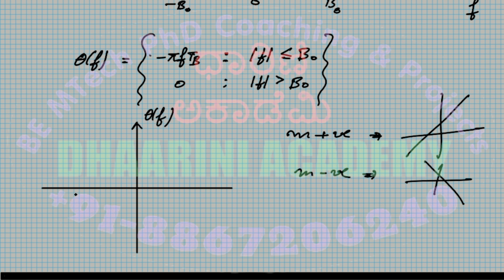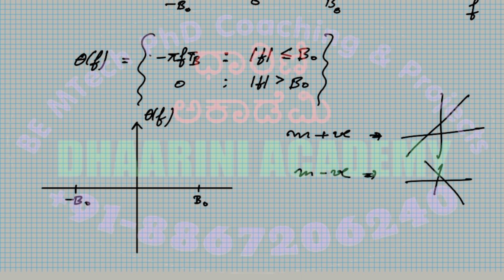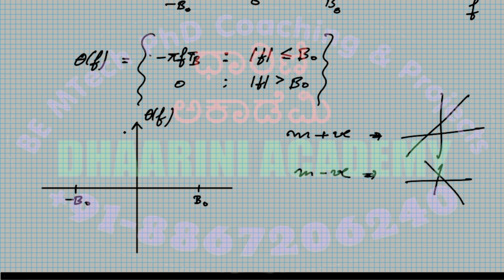Let us say this is minus b naught, and somewhere here I would like to say is plus b naught. When I put the b naught value over there, at minus b naught, f is negative. Already it is negative.